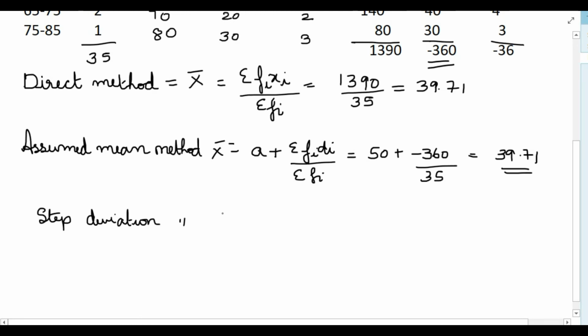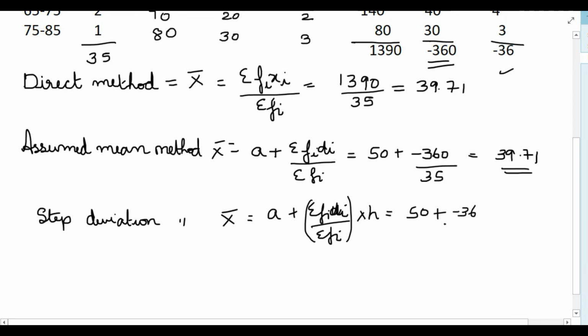So step deviation method, x bar, the formula is a plus sigma fi ui divided by sigma fi into h. So which is equal to 50, and sigma fi ui is minus 36 divided by 35. And what is the class size?